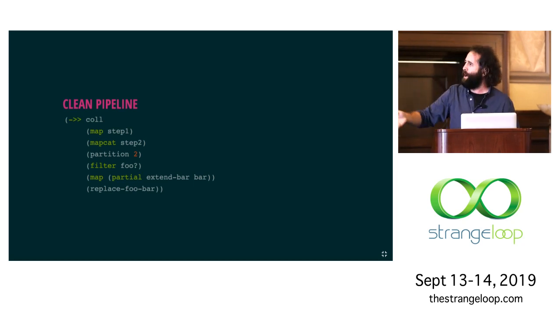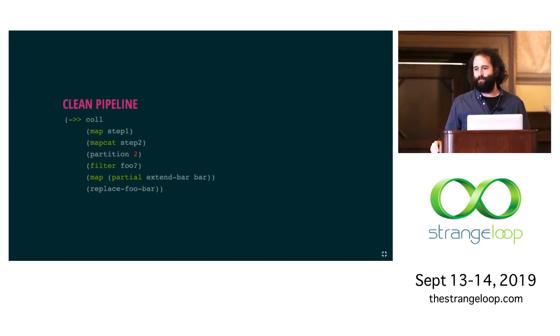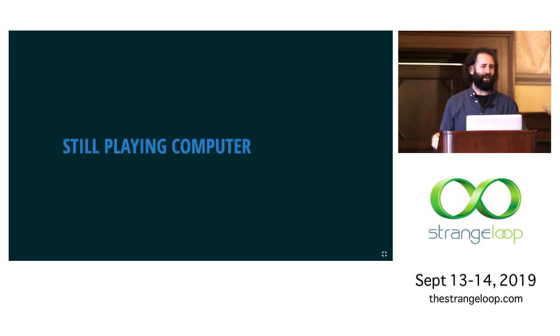And this isn't a simple pipeline. Maybe it's actually nested. And maybe if you wrote it, you can figure it out. But if your coworker did, there's no way you're figuring that out. In the end, we still end up playing computer in our head. We are still thinking about step by step how the computer is accomplishing our task.